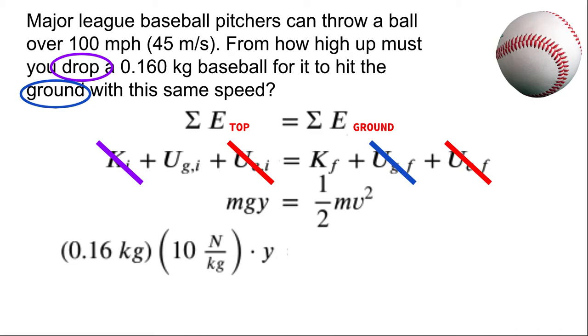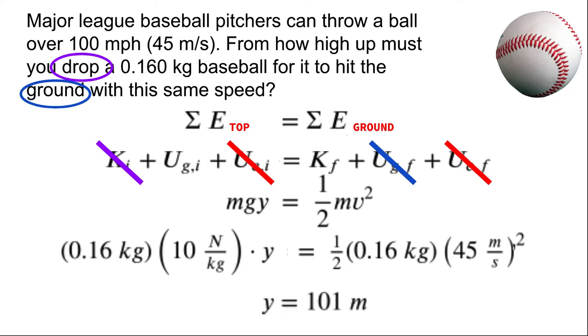We would plug in our values on the left using the given mass and our value for little g on Earth. y is what we're going to be looking for, how high up the ball was dropped. And then we would include the kinetic energy ideas, mass, and the speed squared. You end up getting 101 meters, which is pretty high, probably about a 25 to 30 story building that you'd have to drop this ball from.